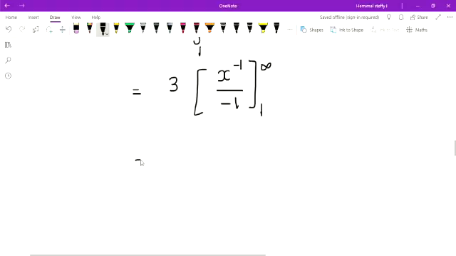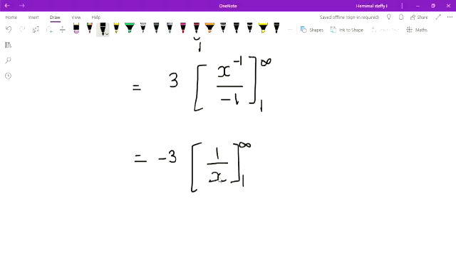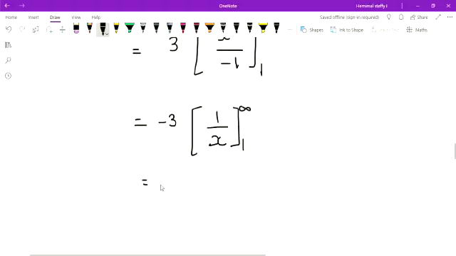Next step, the 3 and the minus 1 I am taking outside, it changes to minus 3. X power minus 1 changes to 1 by x. Taking the limits of this, we have the answer minus 3.